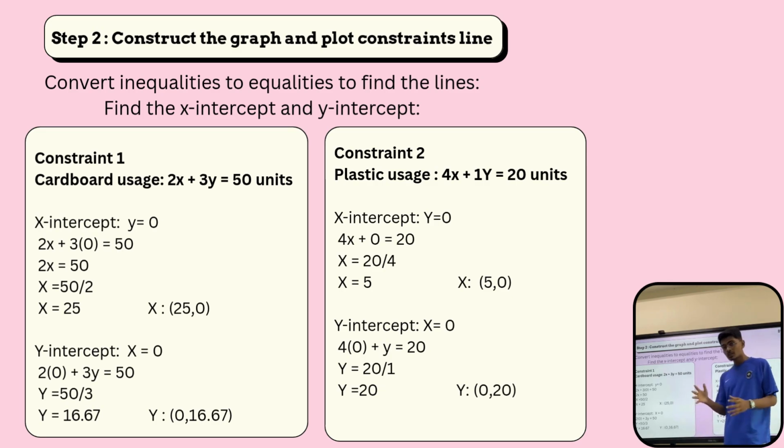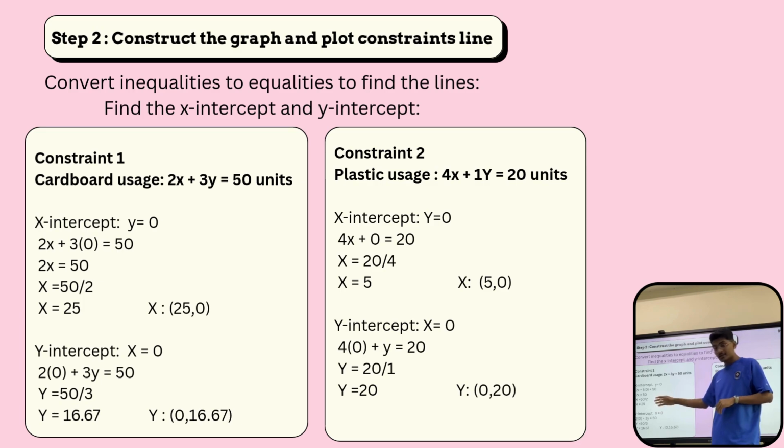In order to find the x-intercept, we need to set y to 0. First equation, 2x plus 3 times 0 equal to 50. So 2x will be 50, therefore x will be 25. So now we get the x value: x is 25 and y is 0.